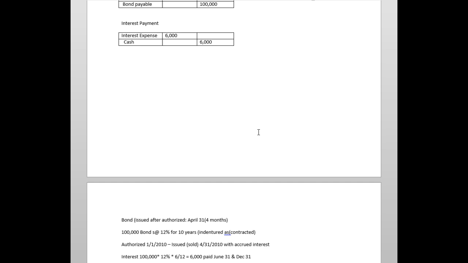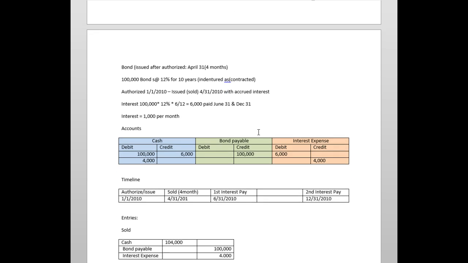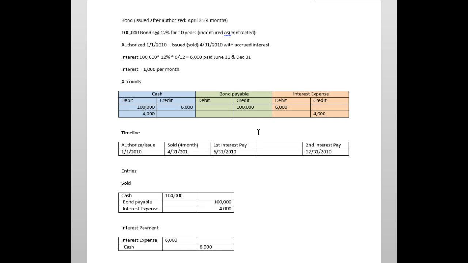So let's move to the next one. And this kind of caused a little bit of angst amongst everybody. This bond is authorized in January 2010, but it's not sold until 4/31/2010.